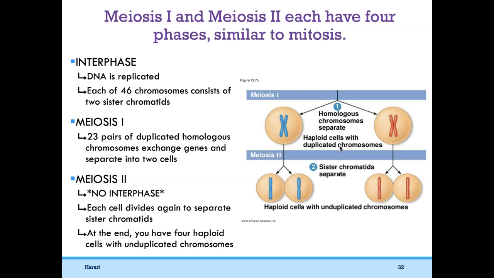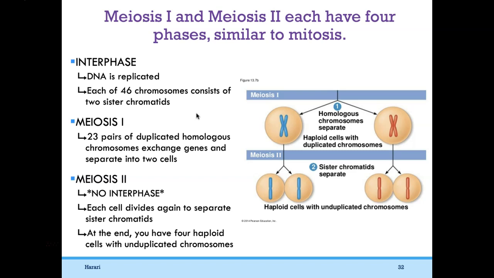I'm going to give you a brief overview before we dive into the details. In interphase, all chromosomes are replicated. So each of the 46 chromosomes will consist of 2 sister chromatids. So we have 92 chromatids in the cell.